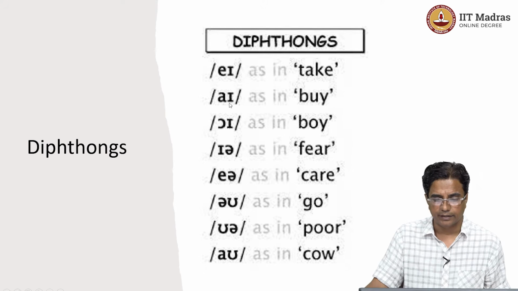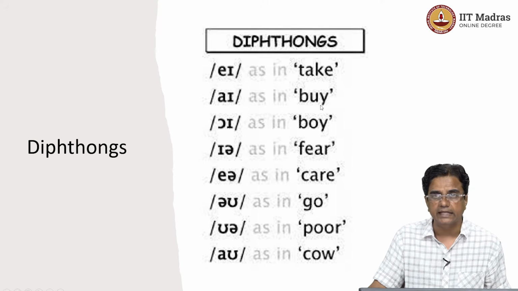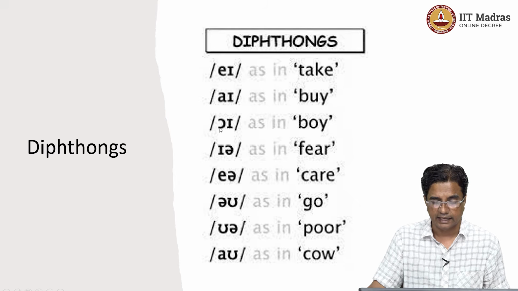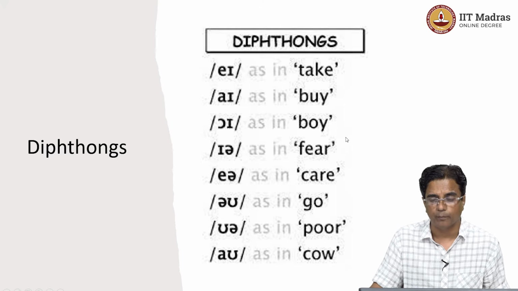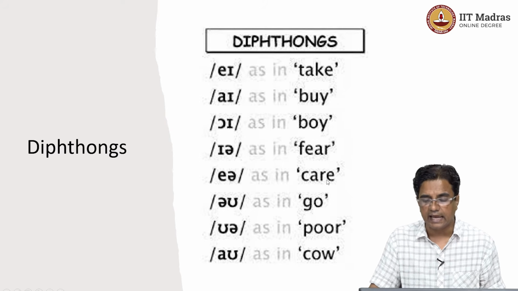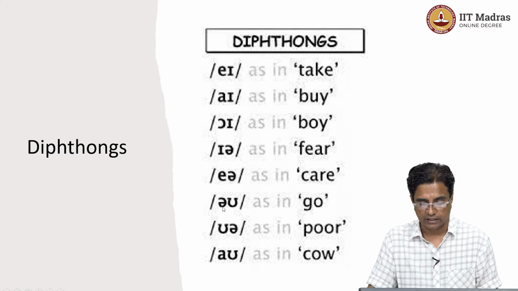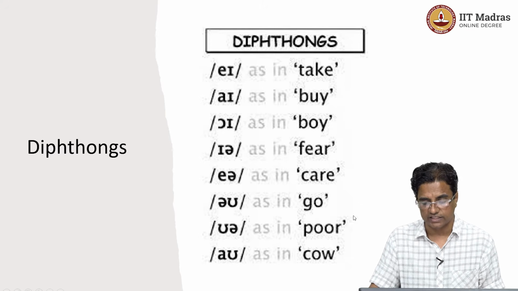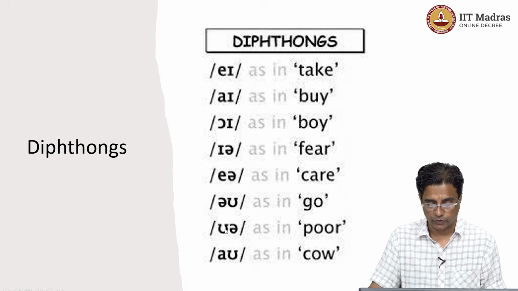I, as in buy. Buy. Oi as in boy, ear as in fear, air as in care, o as in go, ur as in poor, ow as in cow.